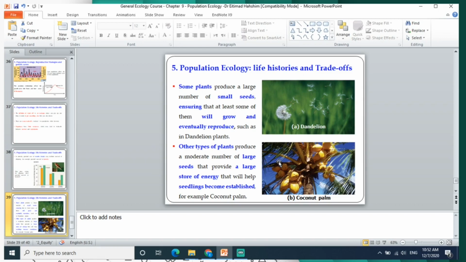For example, the coconut palm produces a moderate number, not too high. But a dandelion produces a large number of small seeds. These are reproductive strategies, and it is called trade-off.